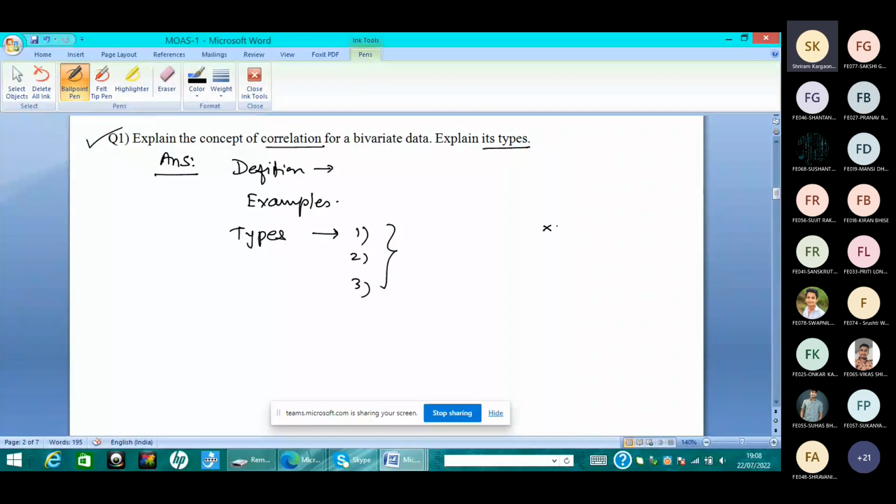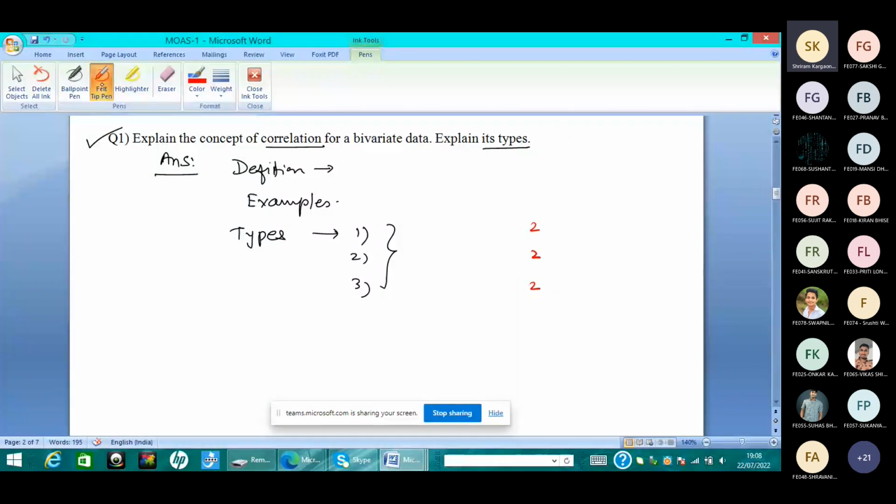So it should be supplemented with two examples of each, and you have to prepare accordingly. If you understand the concept, you can produce any example in your understanding, but that should be valid. So definition, example, then types.